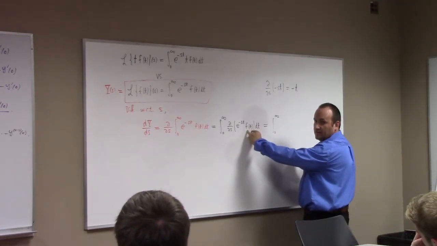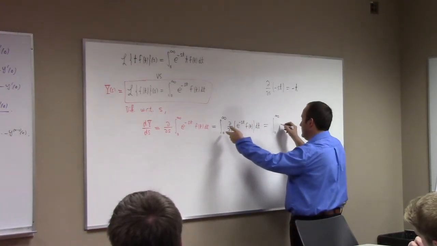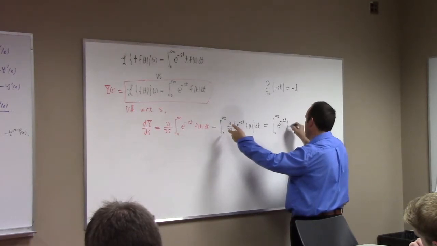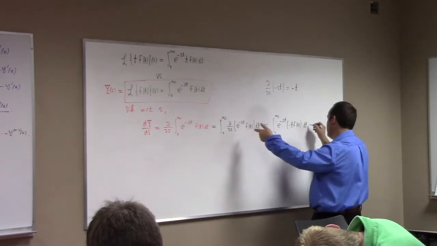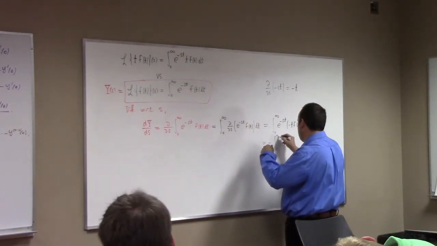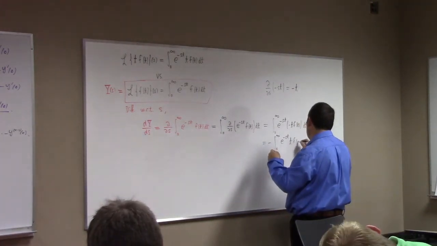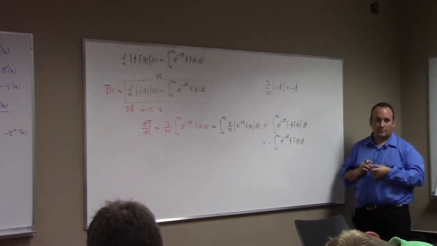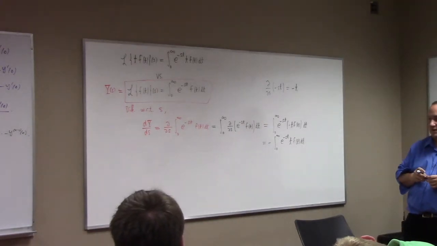And so what it simplifies to is e to the minus st times minus t f of t dt. So I can pull the minus out, and we have minus the integral from 0 to infinity of e to the minus st t times f of t dt. So there you go. That's the relation between these two things.